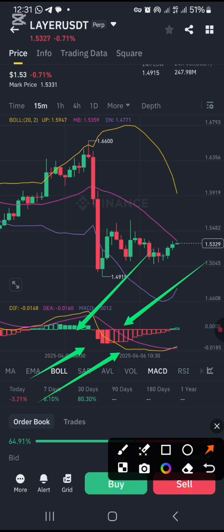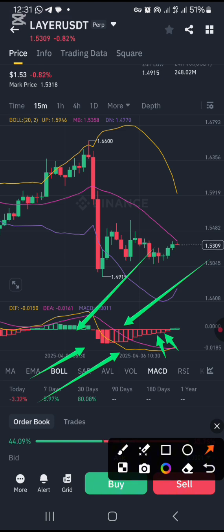When the histogram bars are strong, it shows a period of high volatility. And when they start shrinking, it shows that sellers are losing momentum, or if it is for the green bars, buyers are losing momentum. So when there is strong selling pressure, the bars will be huge.